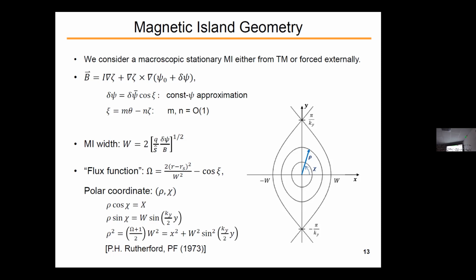We can define the perturbed flux function due to the magnetic island with helical dependence on angles. And furthermore, we can define a polar coordinate for this island.